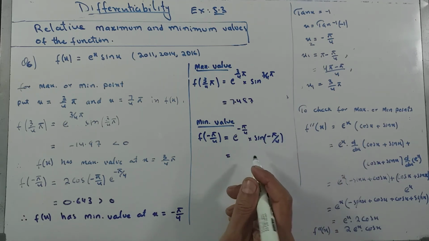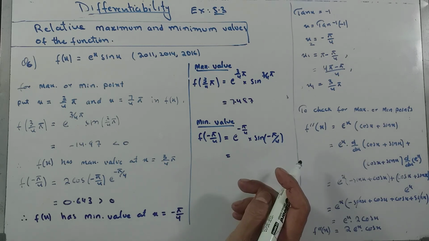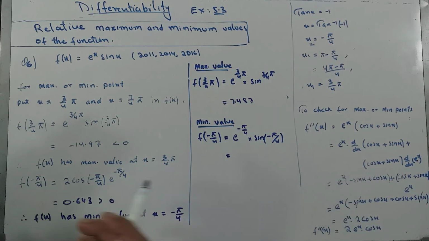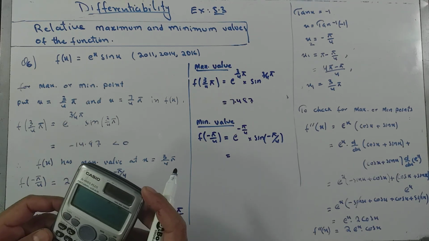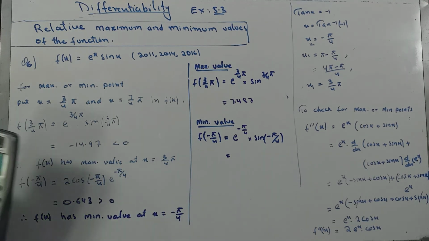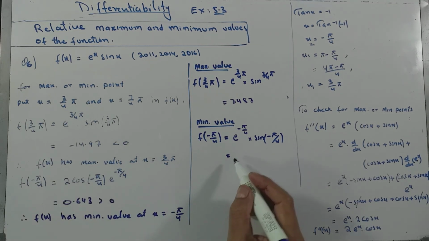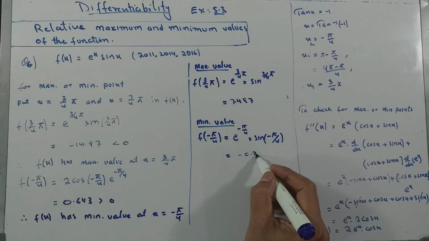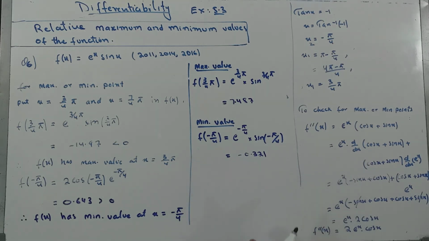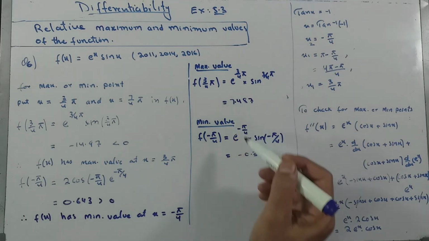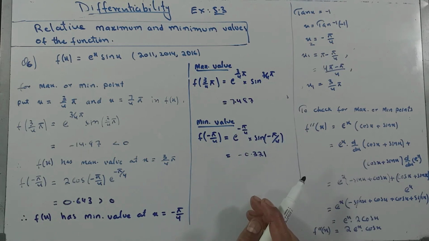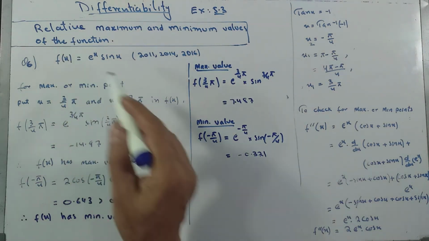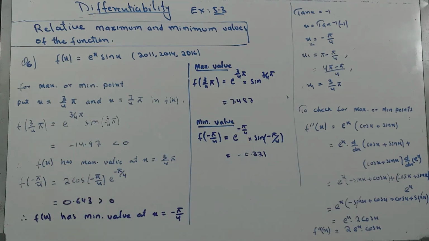We put these values in and we get minus 0.321. So this one is the maximum value and this one is the minimum value which we needed to find, and this is the final solution of the question.